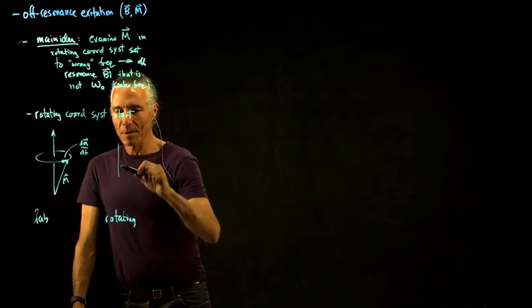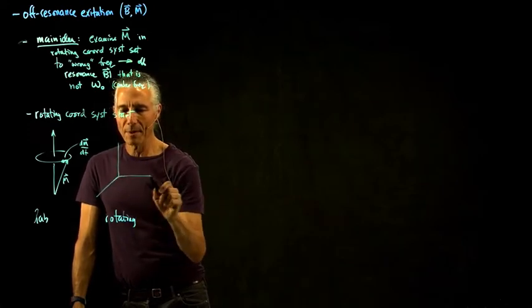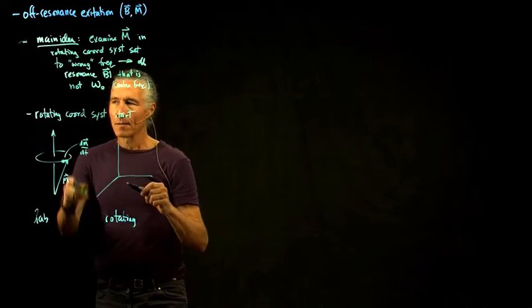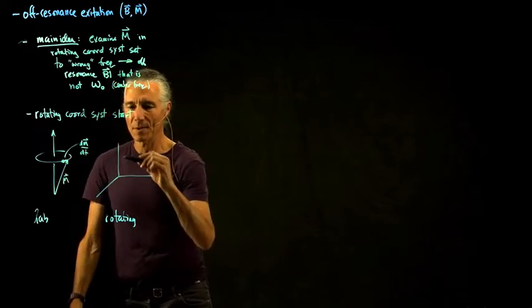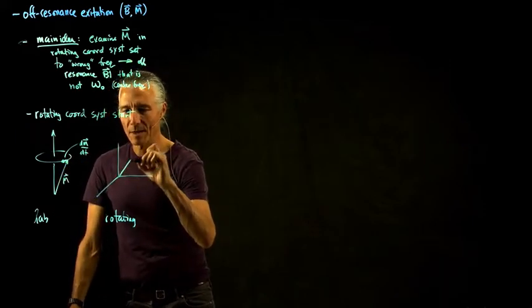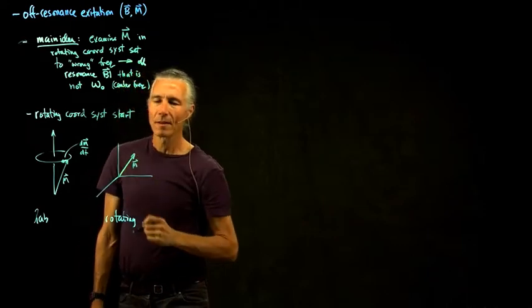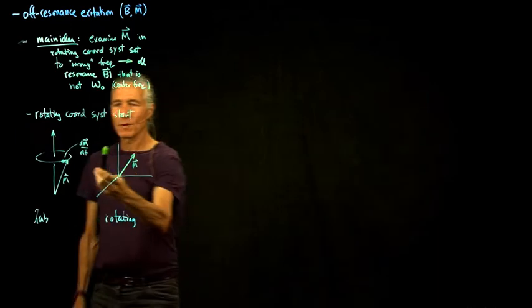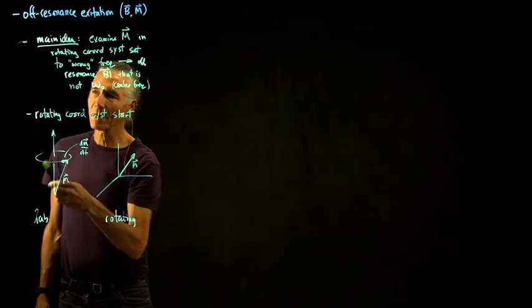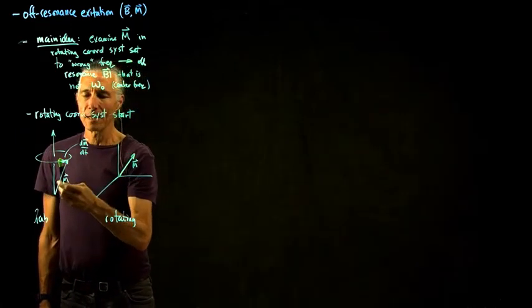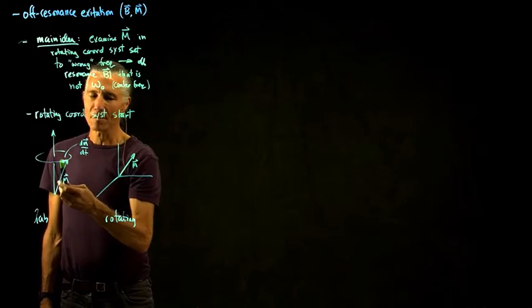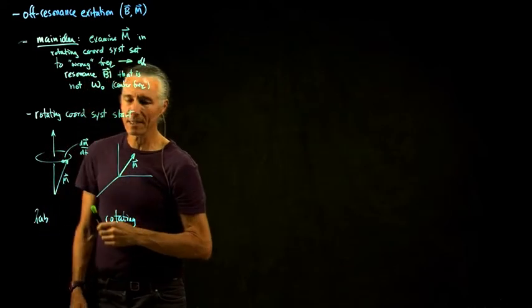Well, you completely stop the movement of the M field, and so of the M vector. So here's the M vector. You just stop it in its tracks, because now we're spinning around at exactly the same speed as the precessing protons, and so now we just see them completely stationary.